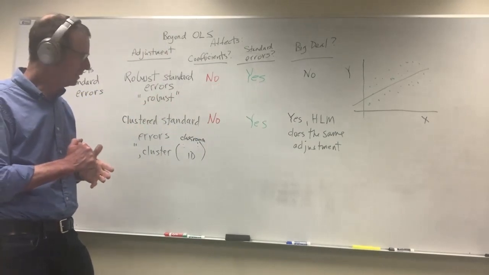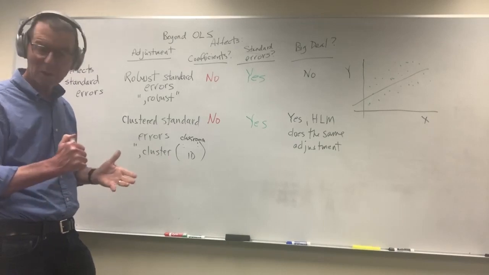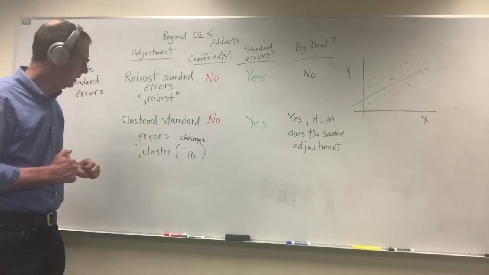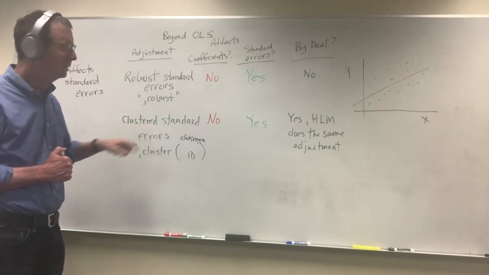So you really have fewer effective degrees of freedom than if they were completely independent of one another. So that's going to increase the standard errors, and sometimes substantially.